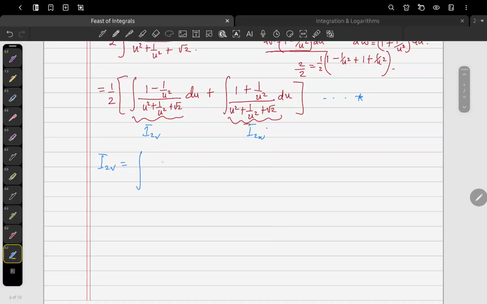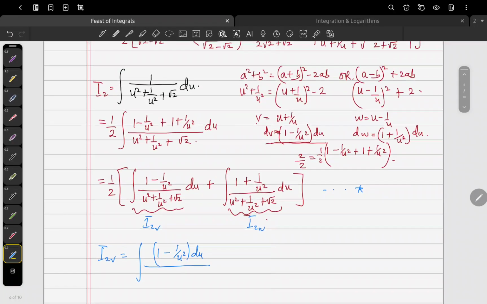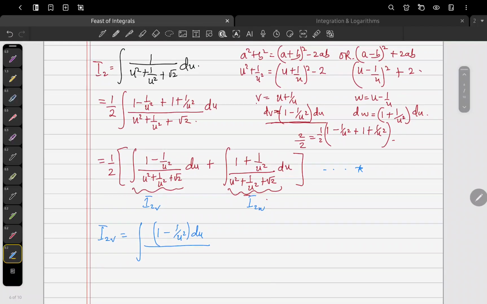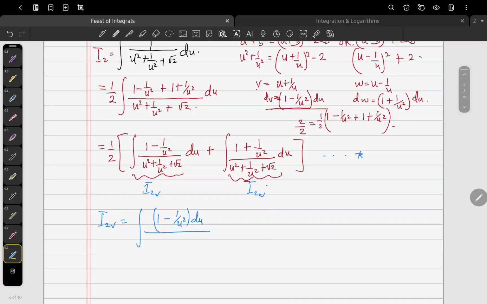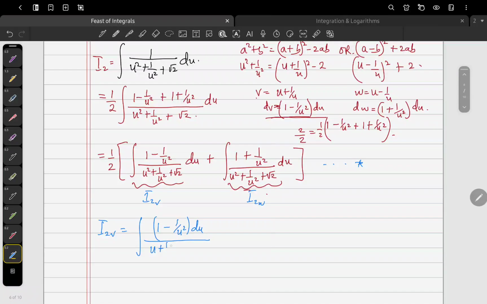That's the integral of 1 minus 1 over u squared du over, so I can use this factorization here. u squared plus 1 over u squared is u plus 1 over u all squared minus 2, so that is u plus 1 over u squared minus 2 plus square root of 2. That is my I2v.